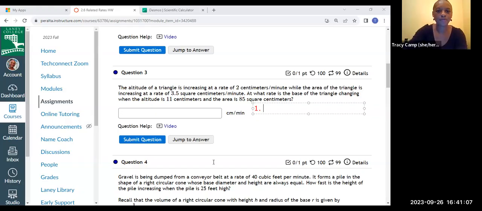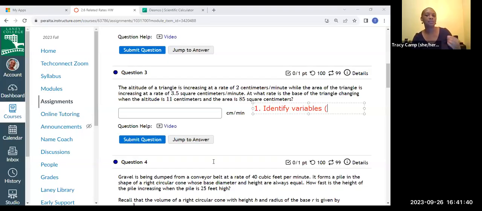For the first step, what I recommend doing for any type of application problem, any type of word problem, is identify your variables and give them a name. When I say variables here, that means the same thing as when we say variables otherwise, like you're using letters to represent numbers.